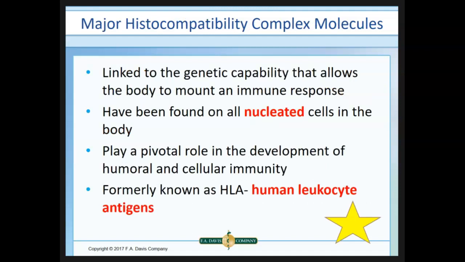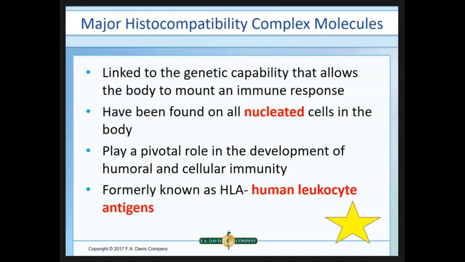Okay, now to the major histocompatibility complex molecules. We call these MHC for short. These are linked to the genetic capability that allows the body to mount an immune response. We're going to talk about class 1, class 2, and class 3. Class 1 MHC molecules have been found on all nucleated cells in the body.